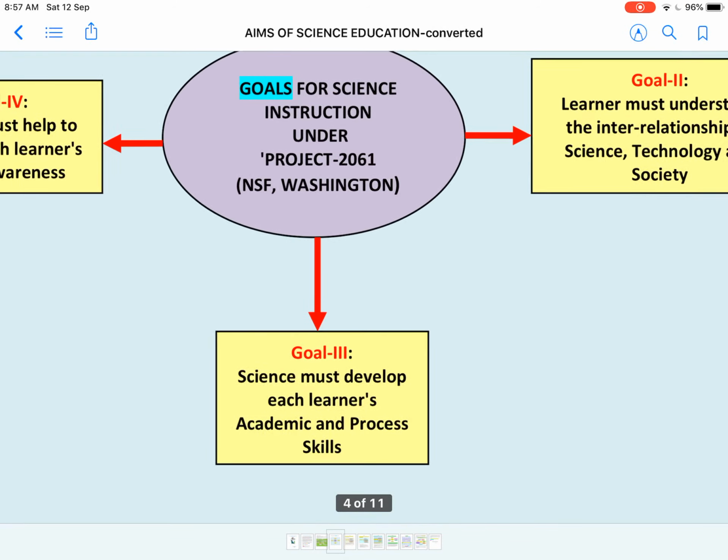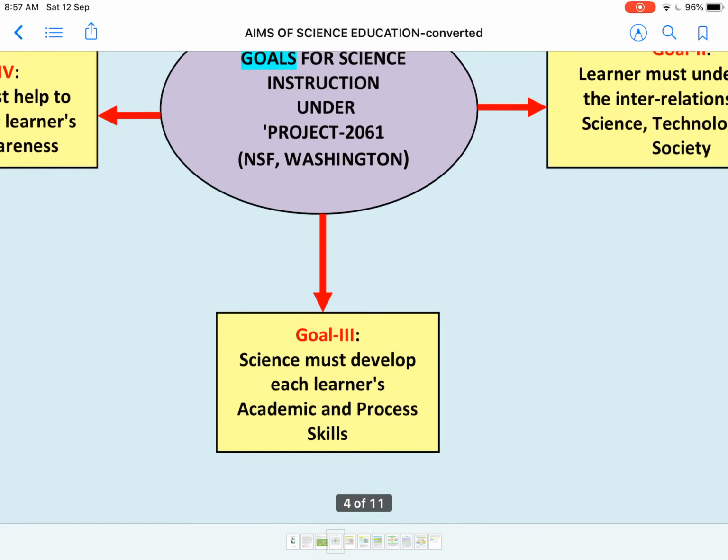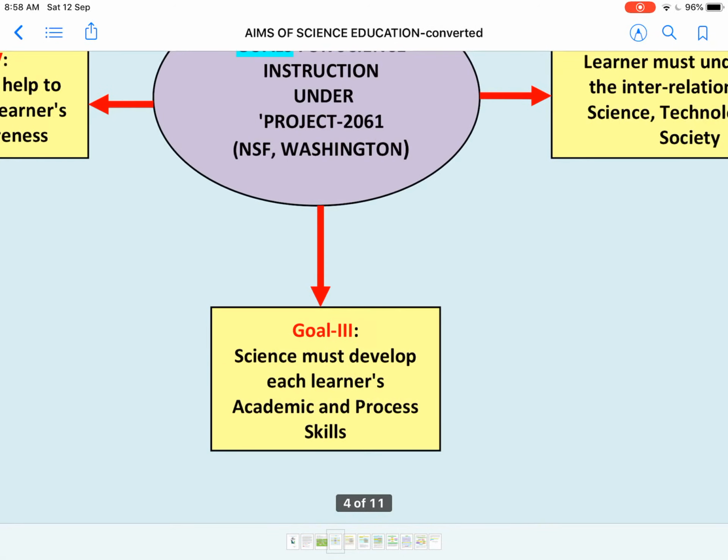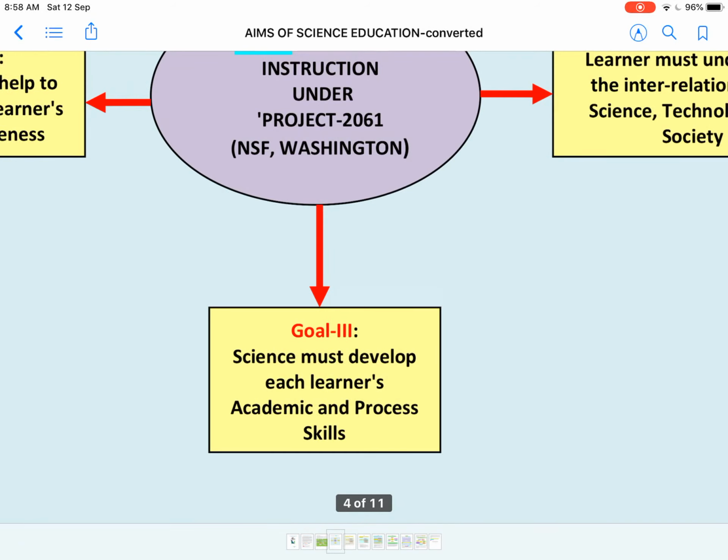And goal 3 is that science must develop each learner's academic and process skills.